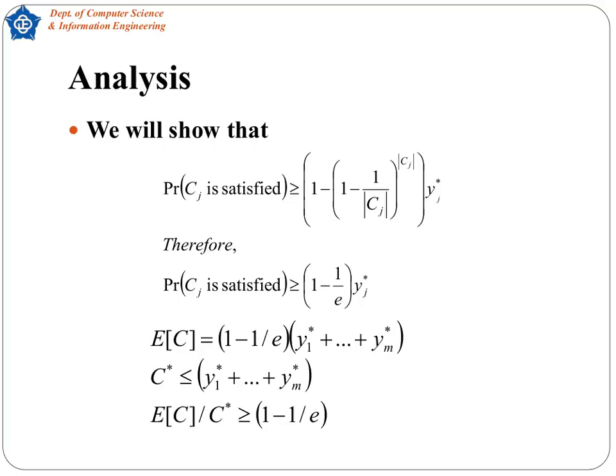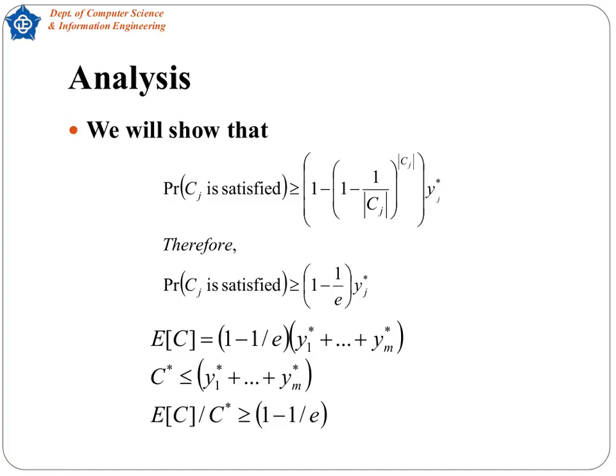Next, by applying linearity of expectation across all m constraints, the expected total number of satisfied constraints is at least 1 over e times y1 star plus through ym star.